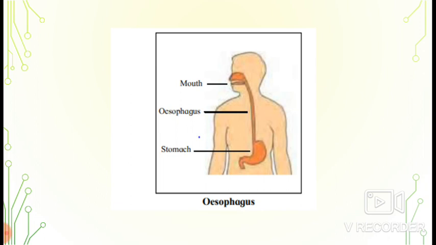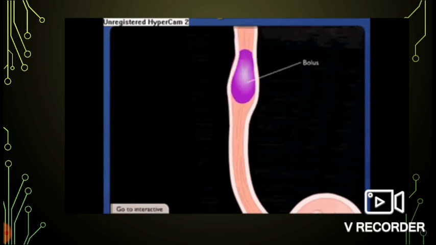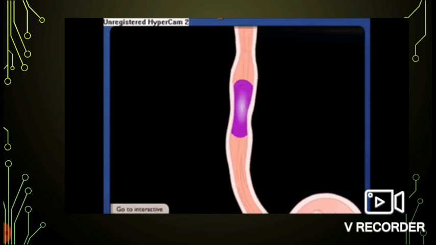Students, when we chew our food, the saliva in the mouth mixes with the food to form a moist ball, which makes it easy to swallow through the throat and eventually through the esophagus, and it enters the stomach. This tube-like part, that is the esophagus, carries the swallowed food.